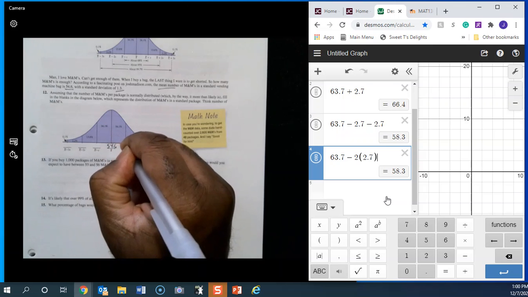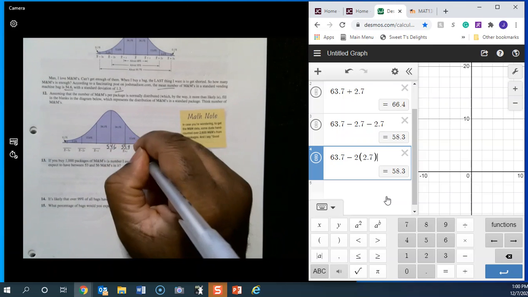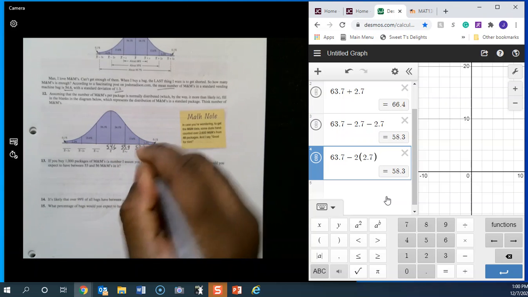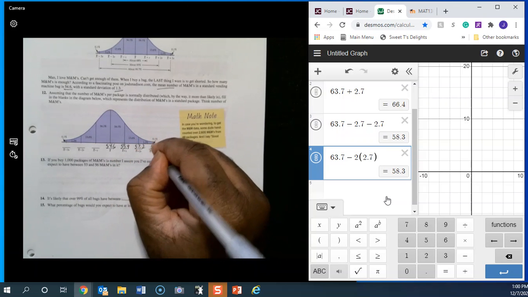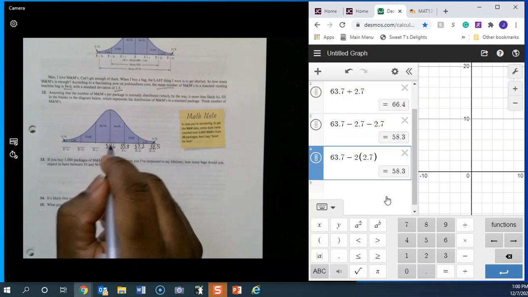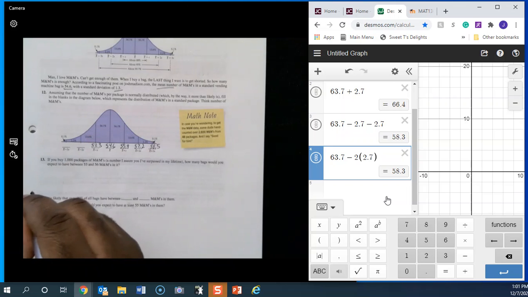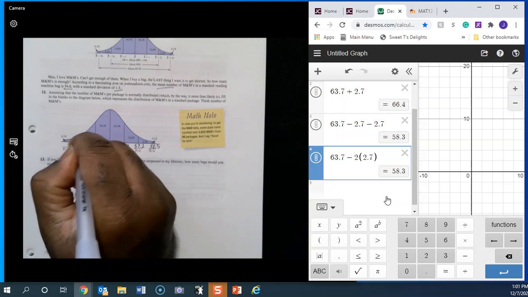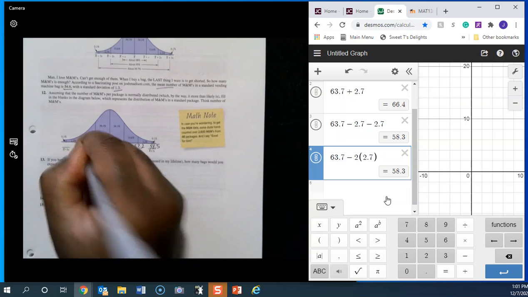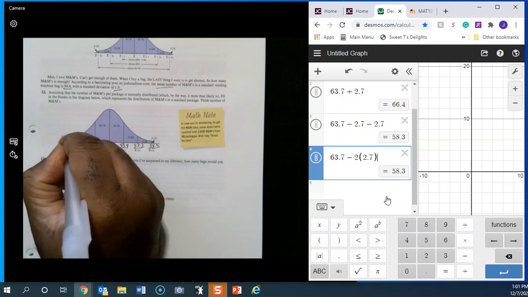So this would be 55.9. Add another 1.3, this would be 57.2. And another 1.3 is 58.5. And then going below, we would subtract. This would be 53.3. Subtract 1.3 again, this would be 52.0. And subtract 1.3 again, this would be 50.7.